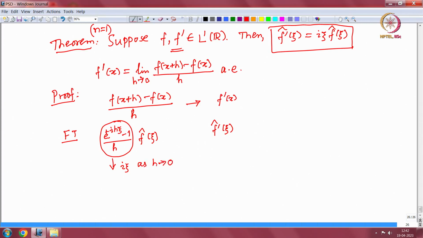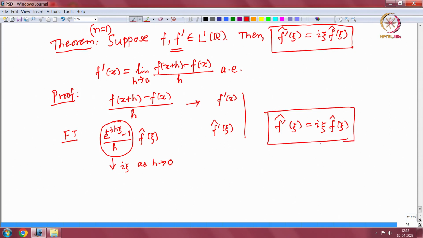Several integrations are not written here, so essentially you want to do that, and you work out the details. I have not said anything rigorous here, just a heuristic argument.